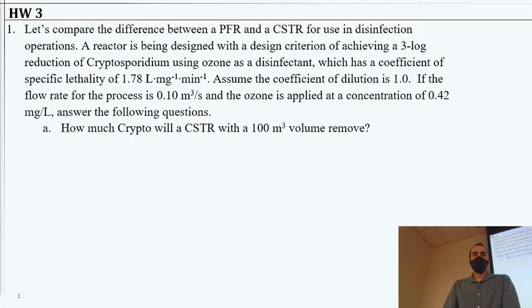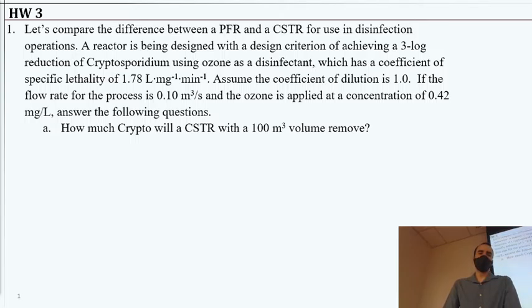We're going to assume that the dilution coefficient is 1, meaning it's an ideal reactor with perfect mixing. If the flow rate of the process is 0.1 cubic meters per second and the ozone is applied at 0.42 milligrams per liter, we have to answer the following questions.